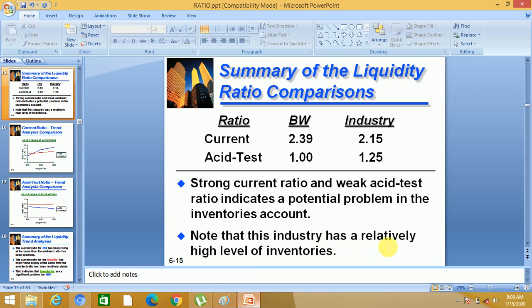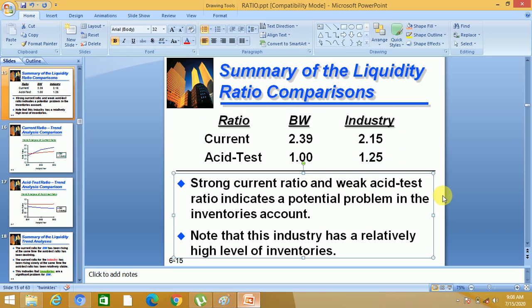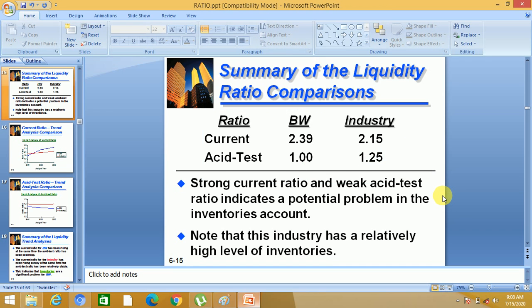Note that this industry has a relatively high level of inventory. In this industry in which we are doing our analysis, inventory levels are relatively high. But as compared to the industry, our performance is poor. Our performance is weak.